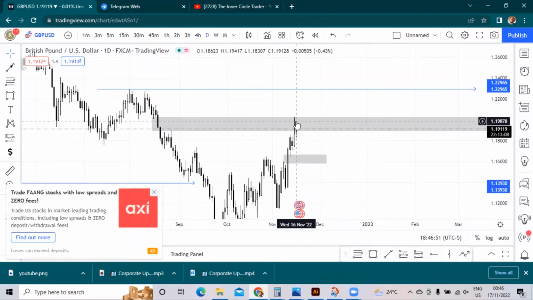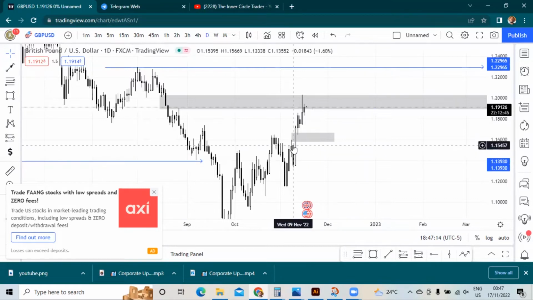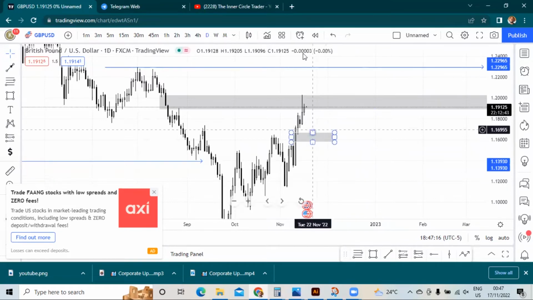So when we see price breaking this region, we know the next point it's going to is around the 1.22965 area. Daily bias and weekly bias is all about trading towards the next liquidity draw, or towards the next fair value gap, or towards the next order block. Okay, so let's look at the next bullet points.